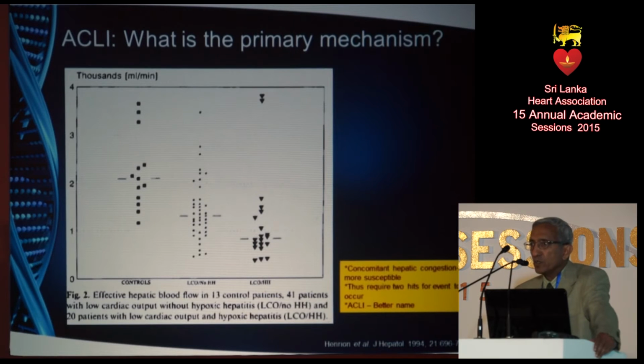But I think the conclusion was that for liver injury to occur acutely from acute heart failure, there has to be concomitant hepatic congestion, so that 2 hits are required to produce this injury to the liver. So if the right heart pressures were normal, then the chance of liver injury are much less.